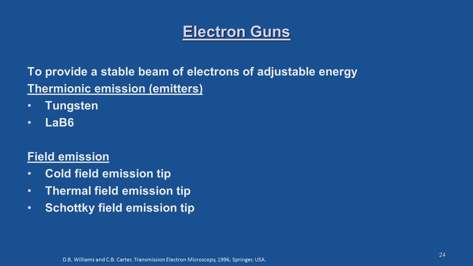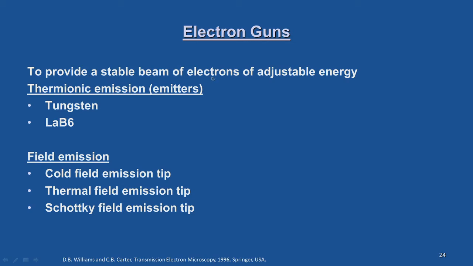Now, we will see what the types of electron guns are. It is just an introduction. We will see the details of the functions much more when we actually look at the system, but I just want to introduce these types of electron guns.